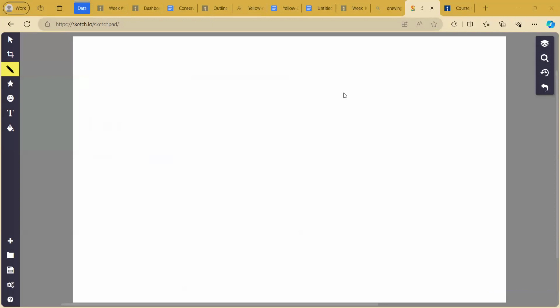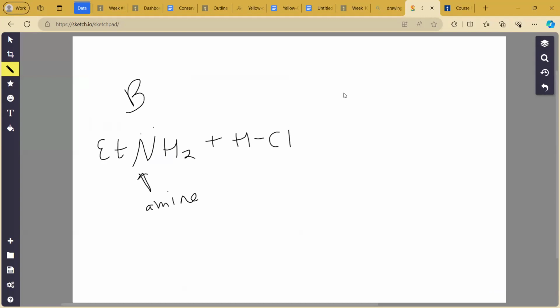So we're going to review another reaction. We're going to have an ethyl on this. I don't know why I wrote it so big. Okay. So this is an amine, which is a base. And then this is hydrochloric acid. So clearly an acid. And so when this happens, you are going to make another acid. This is an ammonium ion, NH3+.